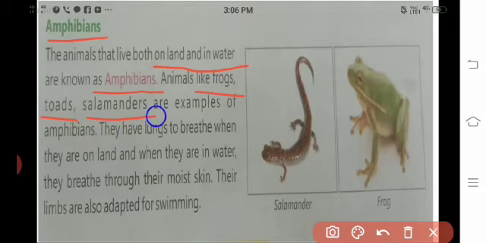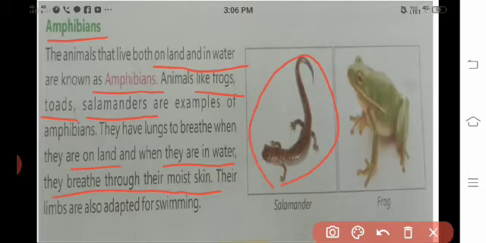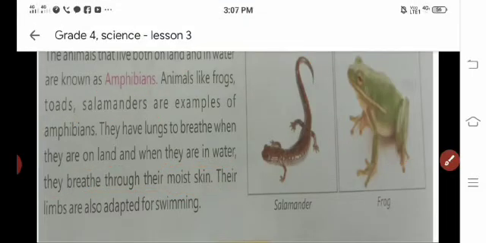They have lungs to breathe when they are on land, and they also breathe through their moist skin when in water. Their limbs are also adapted for swimming. In this picture, this is the salamander and this is the frog, which is seen near our houses, isn't it?